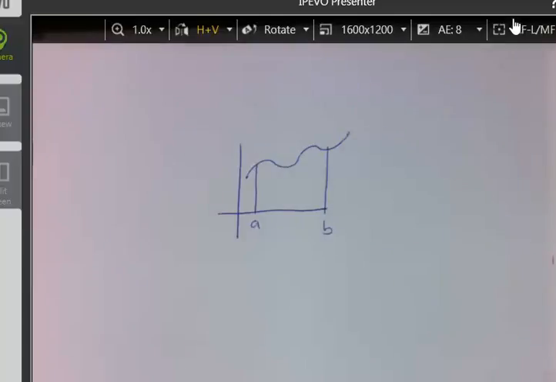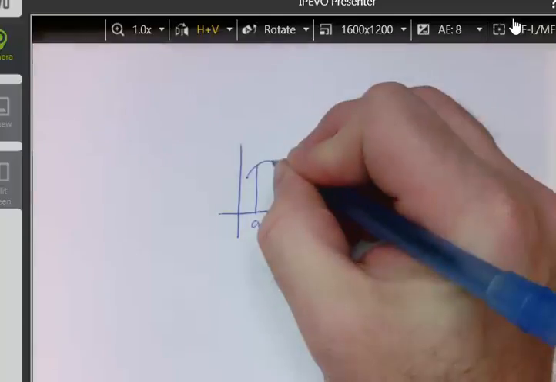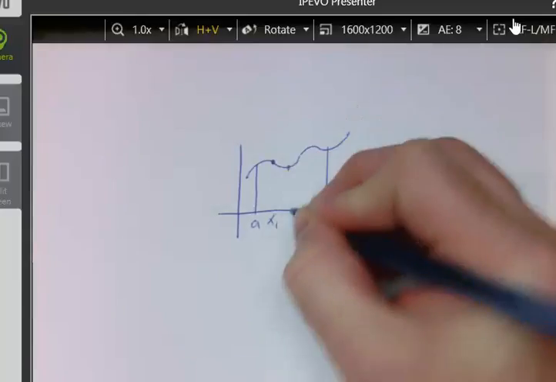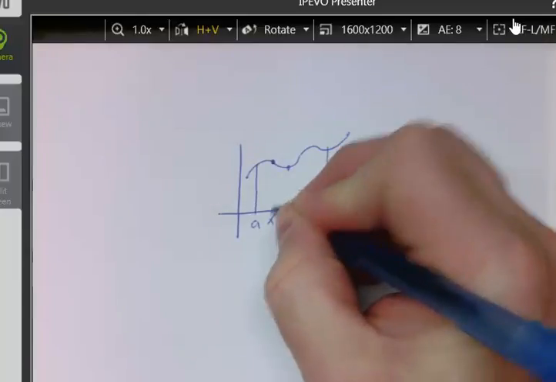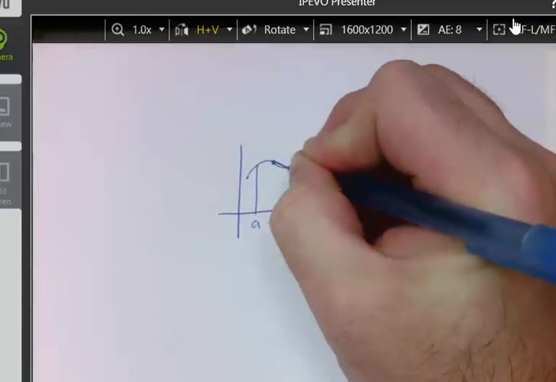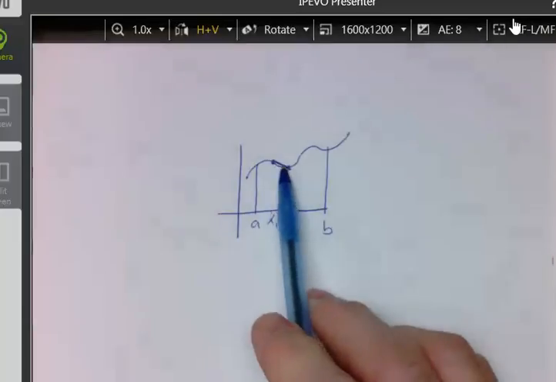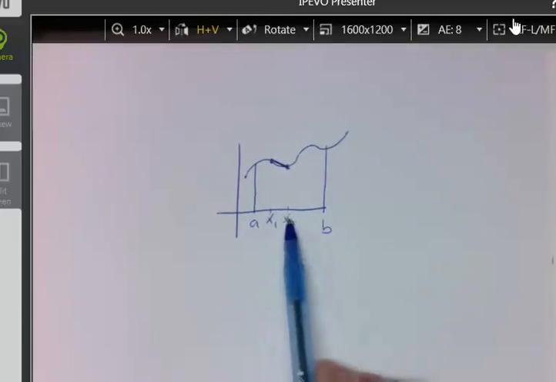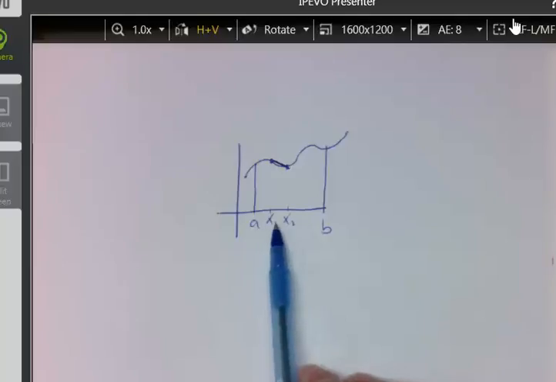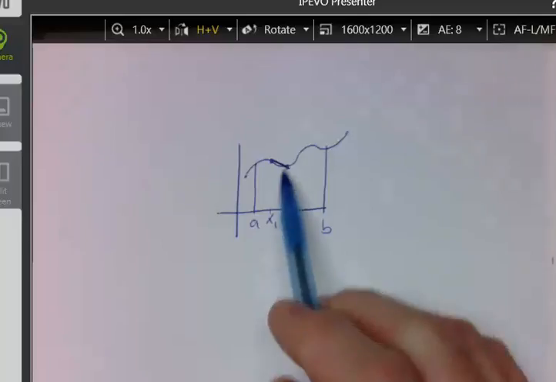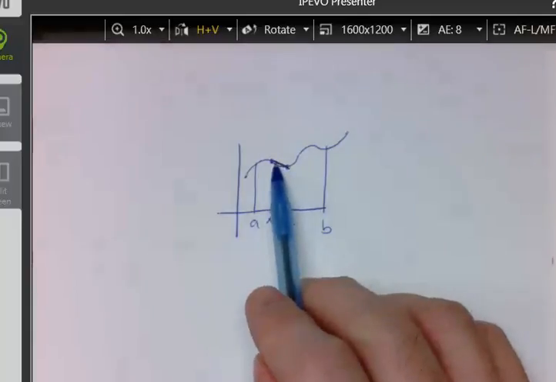I'm going to say this is my first point, I'll call that x1, and here's my second point, I'll call that x2, and I'm going to find this length right here. I know it's a straight segment as opposed to an actual curve, but if we made this really small in between, the segments will almost look exactly like the curve.